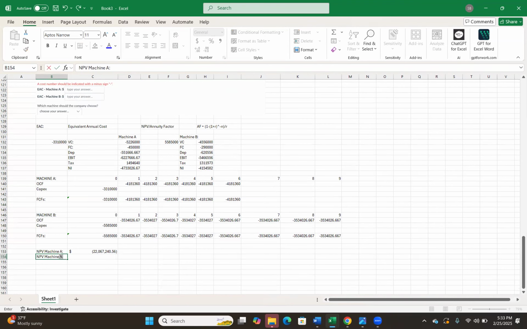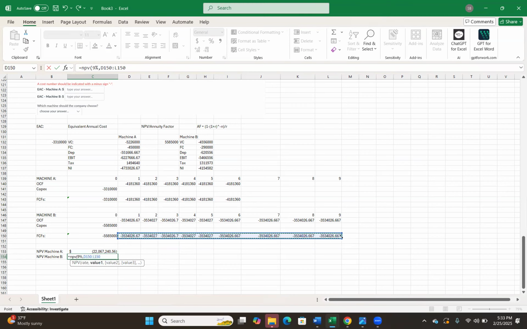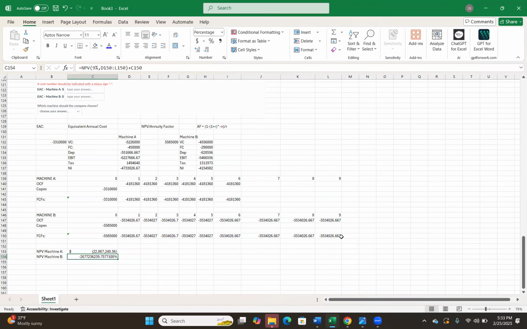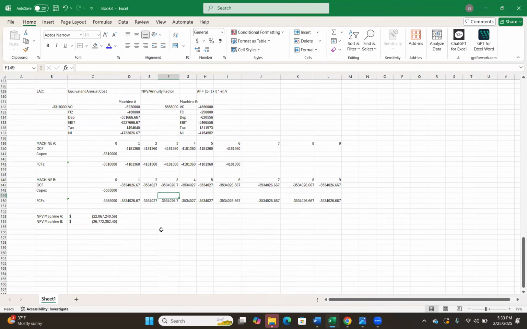NPV of machine B. Same thing, NPV of 9%. These values, add back what's in year 0. Let's make this in dollar form. Okay, sweet. So we're almost done.